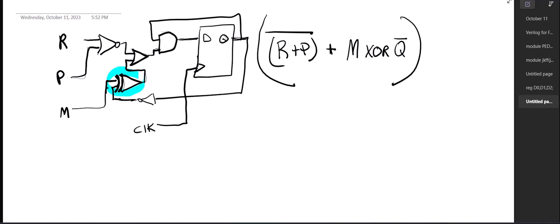And then all of that is ANDed to Q. And that is what Q equals.